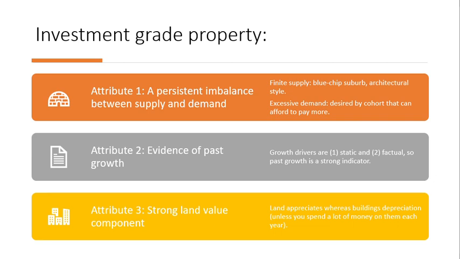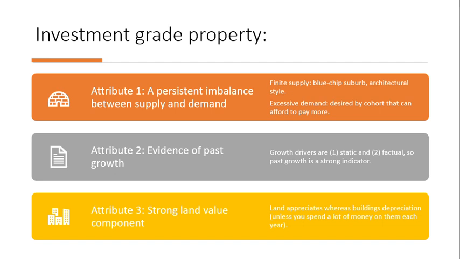And so the stronger the land value component we have or can have, the higher the attributes that property has, the more chance it has to generate really strong compounding capital growth. And so what we want is more than 50% to be in the land value, because we want that land value to really push the overall value forward.